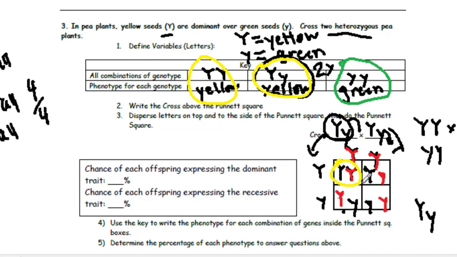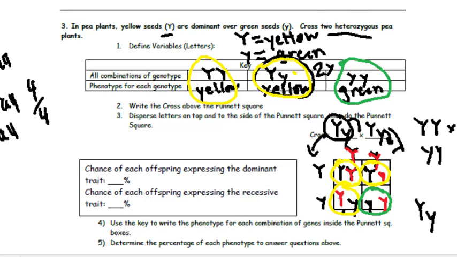Usually you want to write yellow in the box, so you might not have a yellow pen. This one is a capital Y and a lowercase y, so that is the heterozygote, it's yellow. And this one's capital Y, lowercase y, and it's yellow. The green is the lowercase y, the homozygous recessive, and this is the green.